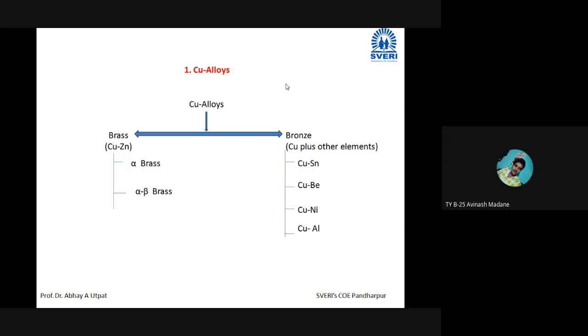Again, Madne. What is the meaning of brass and bronze? In Marathi you tell. Hello. Brass has copper and zinc, and bronze has copper plus other elements. No, I am asking the Marathi name of this brass and bronze. But local language. You can tell in Hindi.